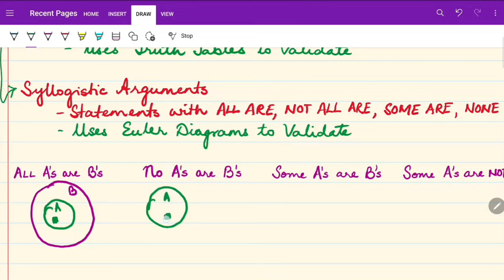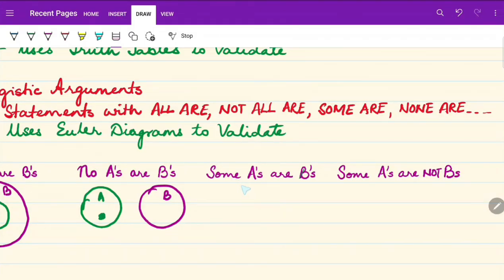And because none of these elements are common to B, not even a single element in A is a part of B, we will draw the circle for set B. However, we will keep it separate, so they do not intersect. There's nothing common in it. They will be spaced out as two circles, separated from each other. These are disjoint sets.